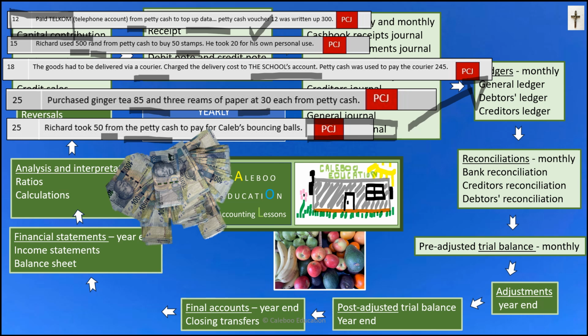And what happens is there's the cash, the petty cash. Like I said, this is held on the premises to make small payments. This money is taken from the bank account, withdrawn from the business bank account and held in a safe on the premises to make small purchases.